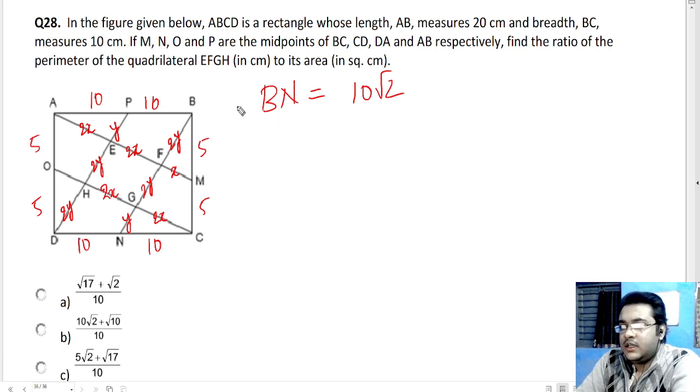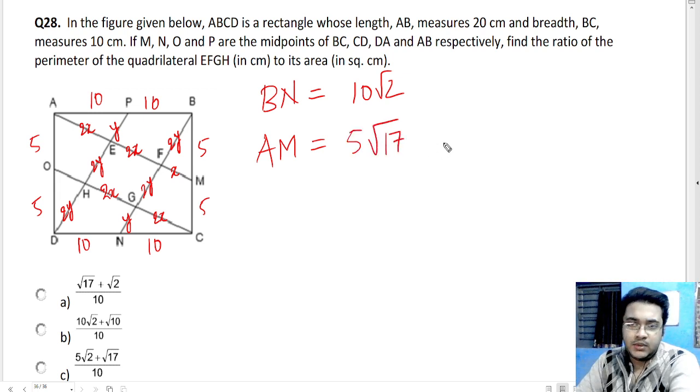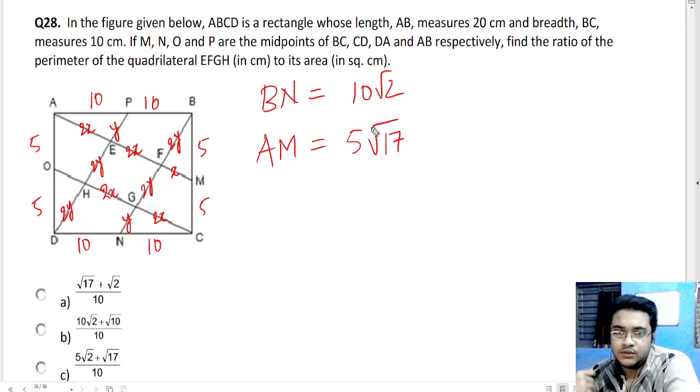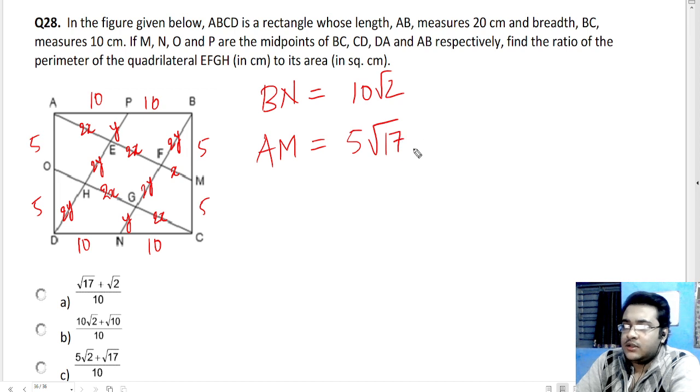We have calculated BN, let us calculate AM. So AM is going to be root over 20 square plus 5 square, which is 425, root over 425, which is 5 root 17. This is something that I remember just because there's a prime number 17 attached to it. This is not important.